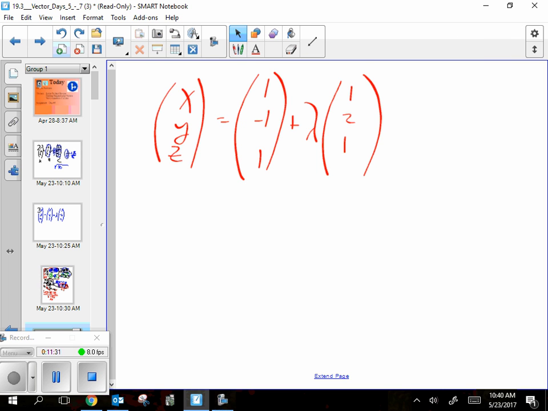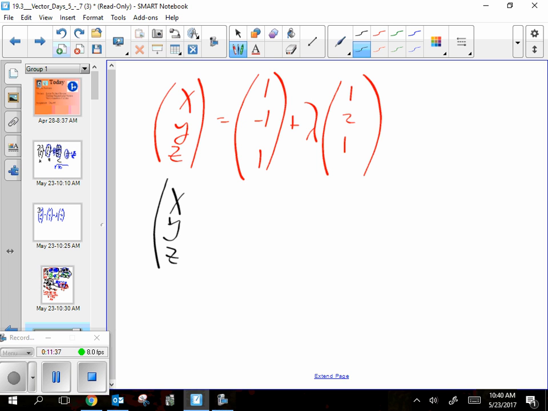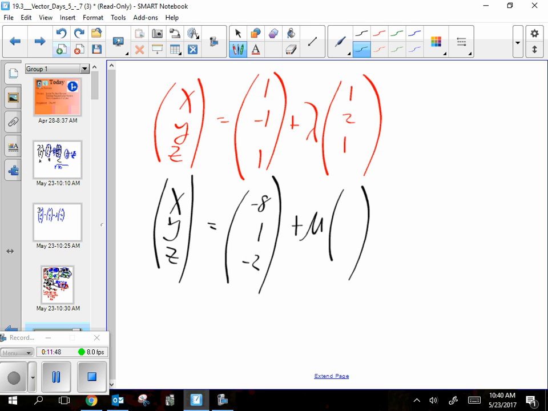Then I'll make the other one in black here. And it is XYZ equals negative 8, 1, negative 2, plus mu 5, 0, 2. I especially was nice to you by putting in a 0 in this.